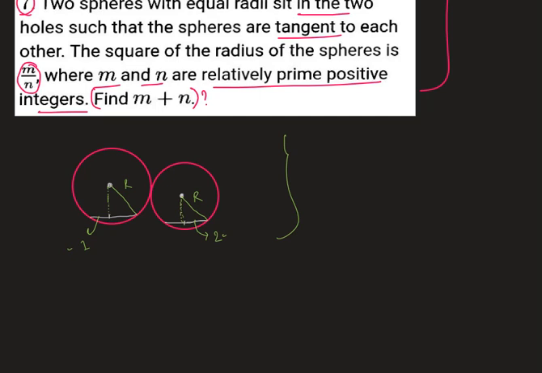Now connect the center also to where the chord hits the circle. We connect the center and also connect this, and complete these two triangles.